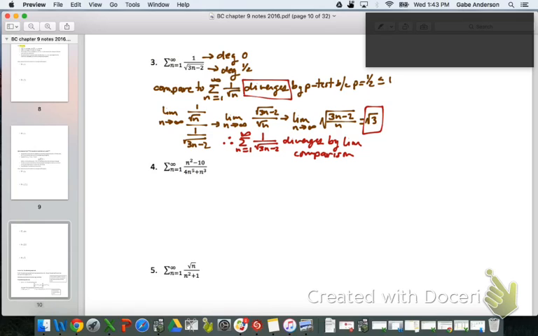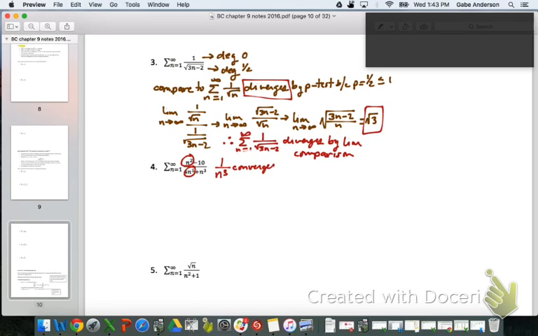In number 4, what I would notice is that the degree of the top is 2, the degree of the bottom is 5. And so our magnitude is going to be the same thing as, if the top was 0 and the bottom was 3. There's a difference of 3, right? So if you think back, if there's a difference of 3, we would probably compare that to 1 over n cubed, right? And we know that 1 over n cubed converges.